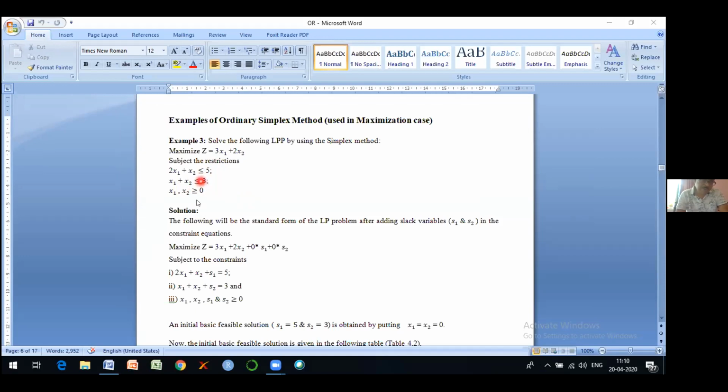So we are considering two constraints in this problem. So we have to equalize it. We have to equalize 2x1 plus x2; it must be equal to 5. But when we are making it equal, what do we have to do? Because we are observing here the left hand side, 2x1 plus x2, is less than 5.